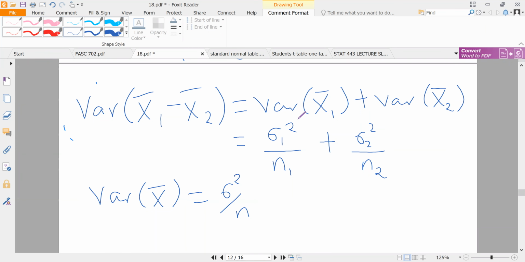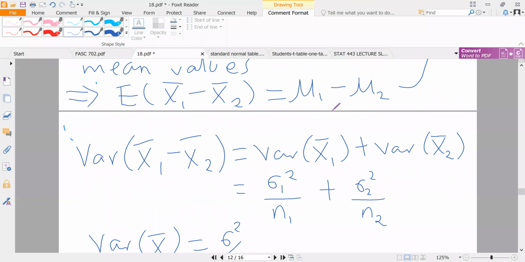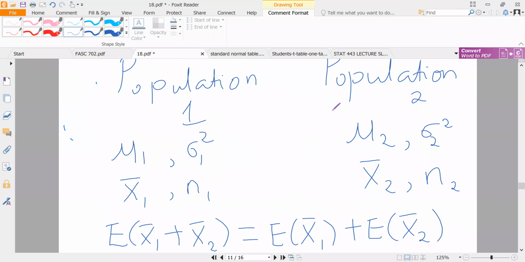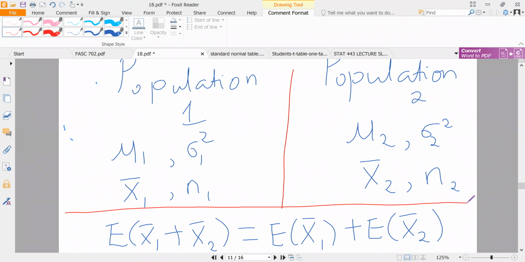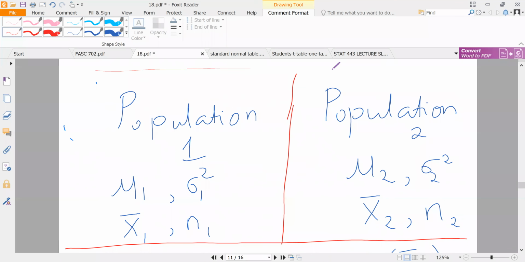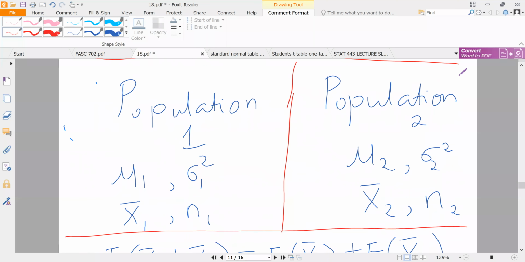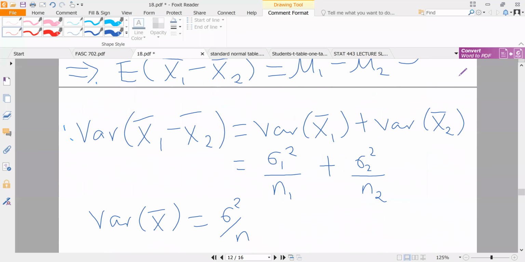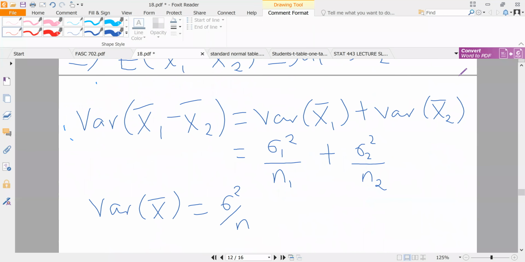So if these are the characteristics of population 1, and the other one is for population 2, then we can say that our variances are expressed in this form respectively. This is how the variances are.